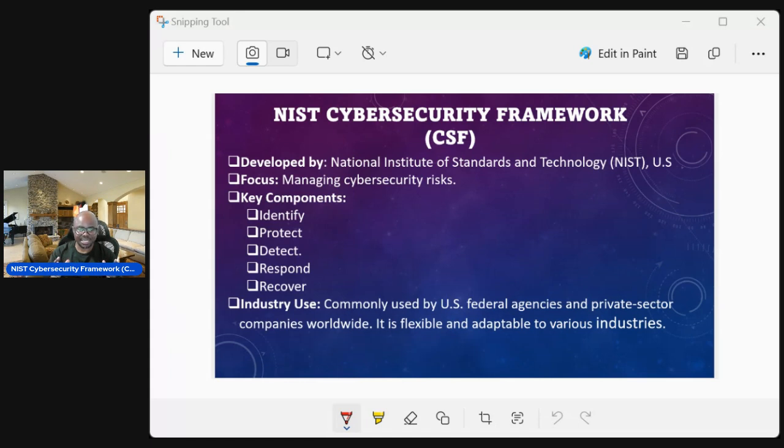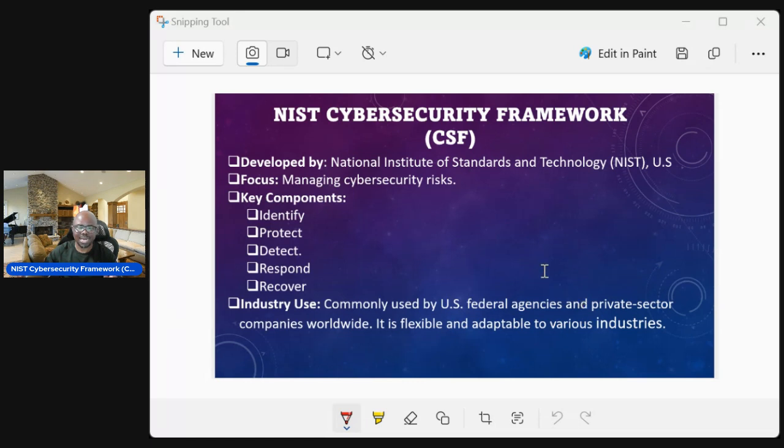Originally, this CSF was created in response to the US Presidential Executive Order in 2014. The framework is flexible and scalable, making it applicable across different industries, regardless of size or cybersecurity maturity.